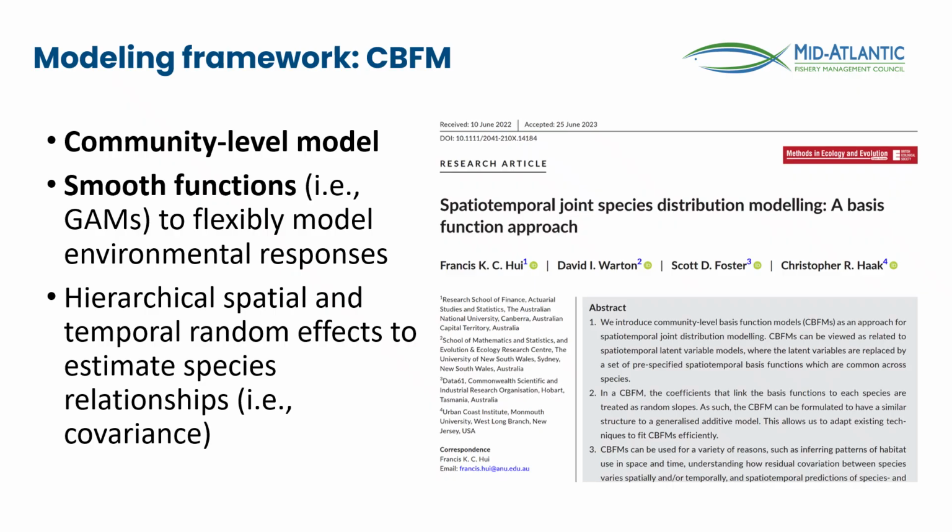At the same time, the model estimates relationships between different species, or the correlations, through spatial and temporal random effects that are drawn from a species' common distribution, hierarchically, allowing for the borrowing of information across species, which can also help with estimation for rare taxa.